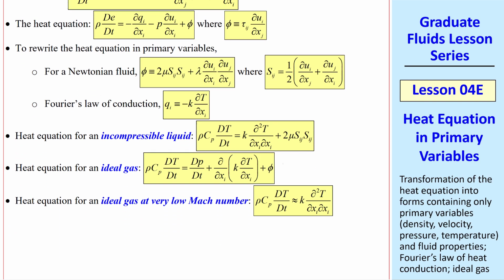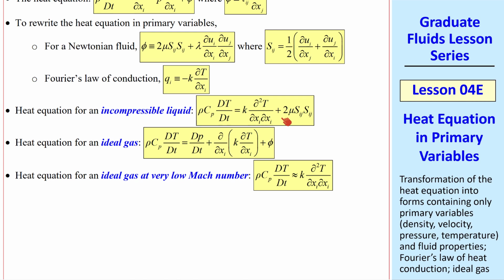And we derived three simplifications: this form for an incompressible liquid, this form for an ideal gas at any speed, and this form for an ideal gas at very low Mach number. Thus we have three forms of the heat equation. We must be careful to use the appropriate one, depending on what kind of fluid and flow that we have.